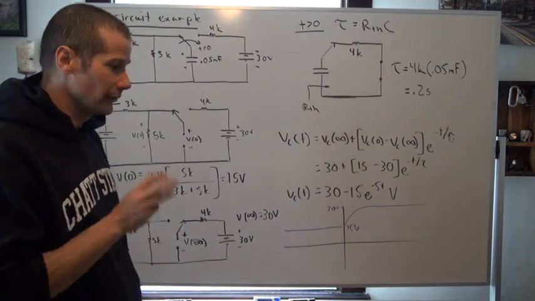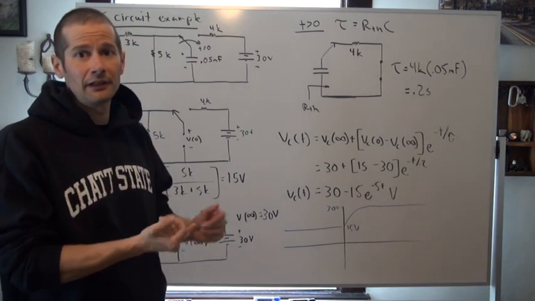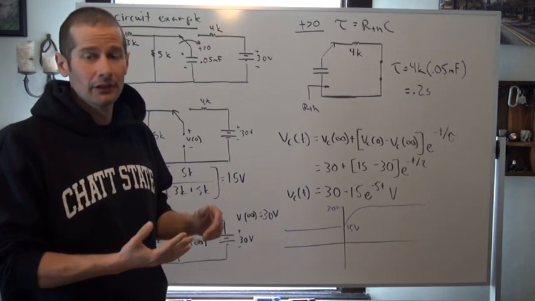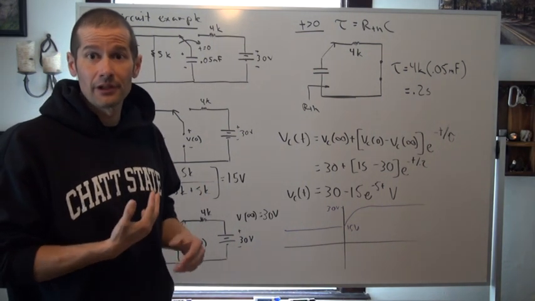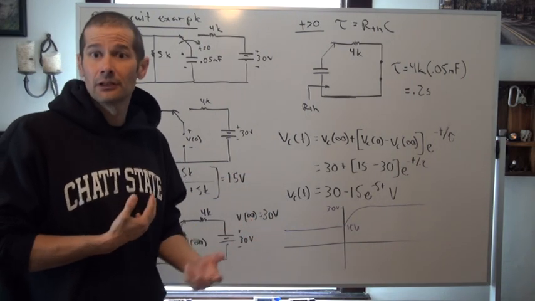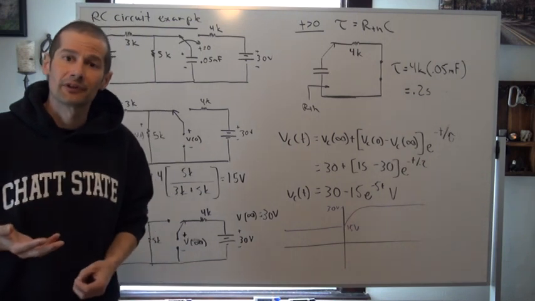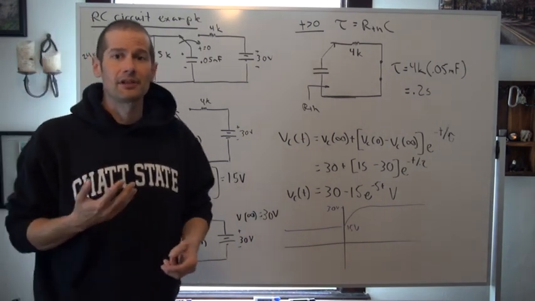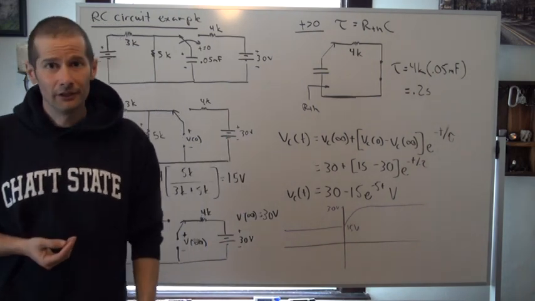Now, 3 things that we're constantly looking for within these types of circuits is finding the initial condition, looking at the final condition, both of which are the initial steady state and then the final steady state solution to the voltage across that capacitor. But then we were looking for the time response, which is essentially resultant as the exponential portion of that solution.